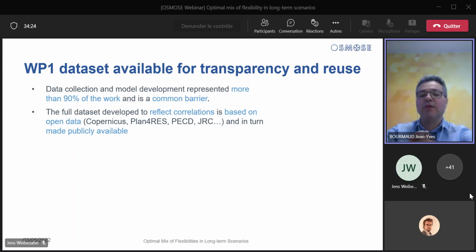To address this data challenge, Work Package 1 built upon existing open data: weather data from the Copernicus Climate Change Service, load data from the H2020 project Plan4RES, data from the Pan-European Climate Database from ENTSO-E, and finally, for electric vehicle data, the JRC.